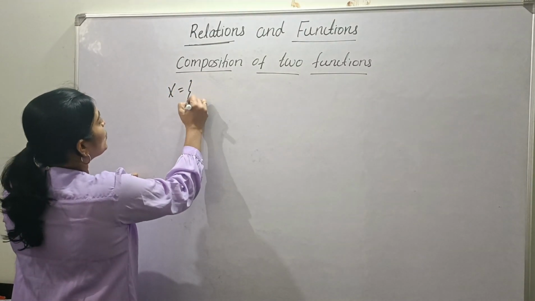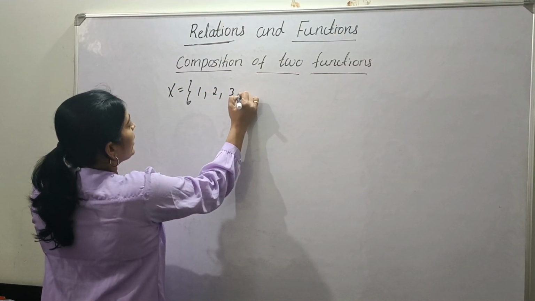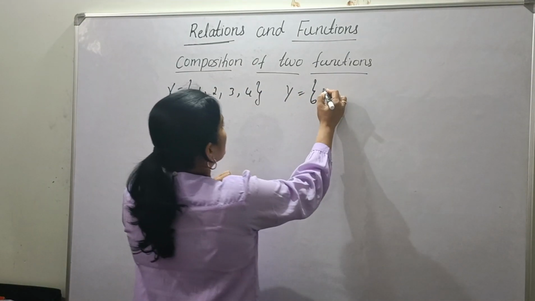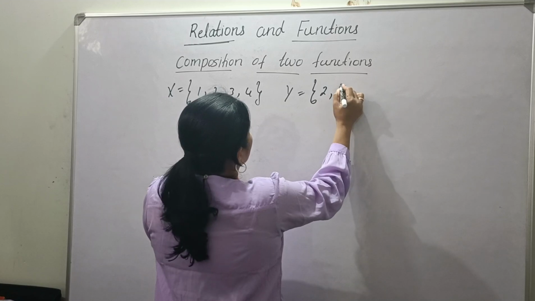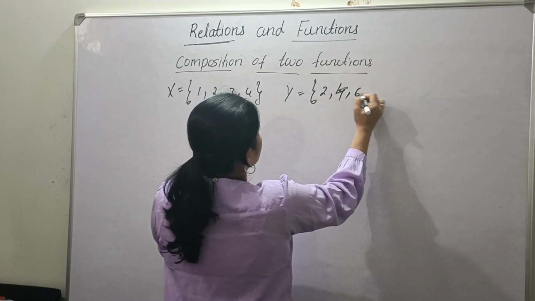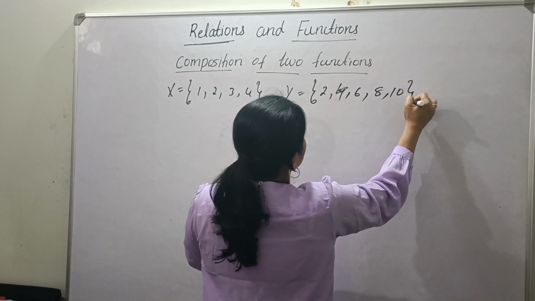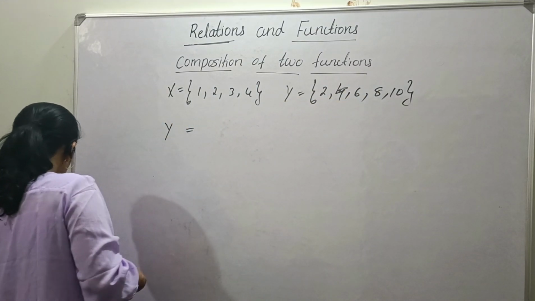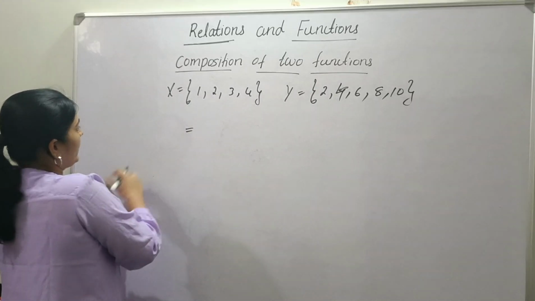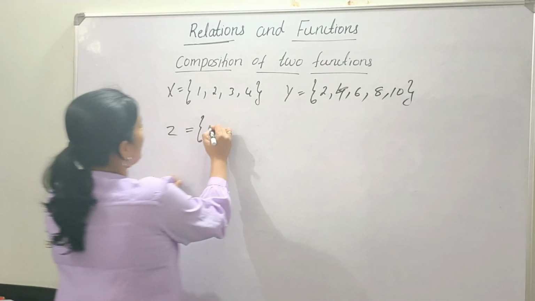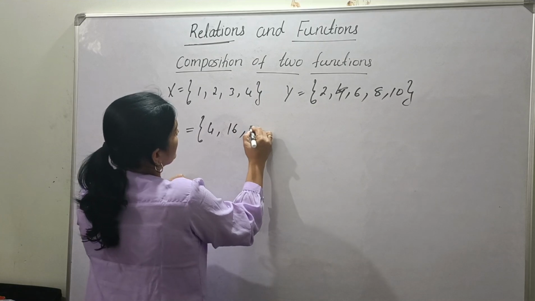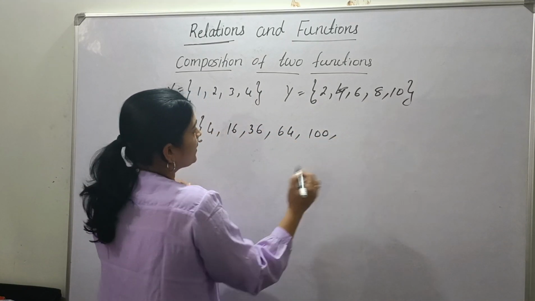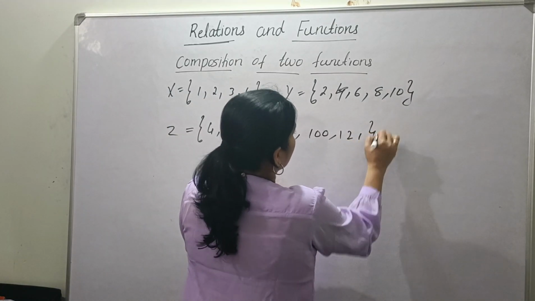Let X is equal to {1, 2, 3, 4} and let Y is equal to {2, 4, 6, 8, 10} and let Z is equal to {4, 16, 36, 64, 100, 121}.